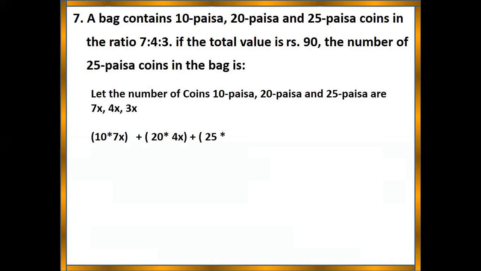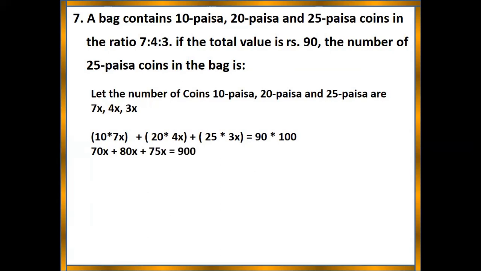So 10 into 7x, 20 into 4x, 25 into 3x. It means that the number of coins into the denomination type is equal to the total amount. The total amount is 90 rupees. Better to convert in terms of paisa. 90 into 100, 70x plus 80x plus 75x is equal to 9,000.